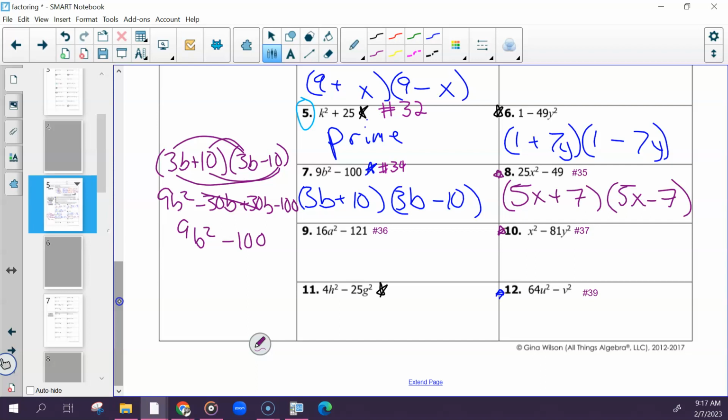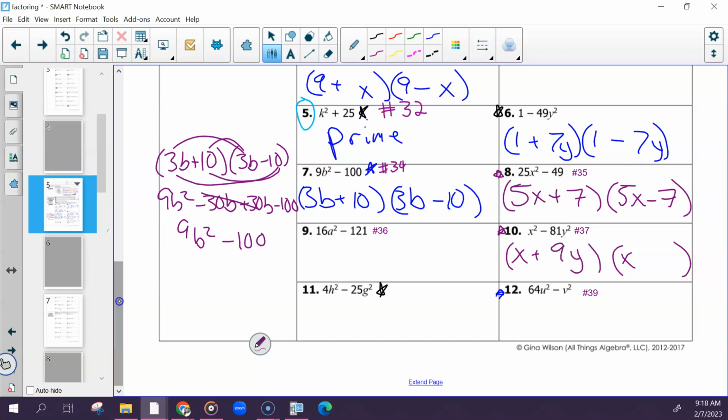Let's jump to 10. Because now we have multiple variables, still doing the same thing. What would your two factors be? When you read off your factors, tell me all of this and then all of this, or one or the other. So x plus 9y.